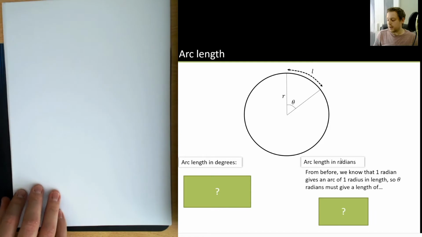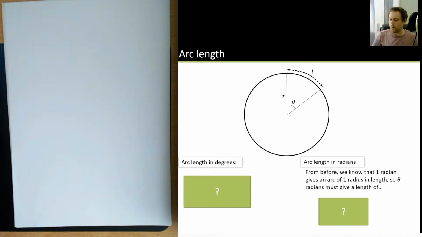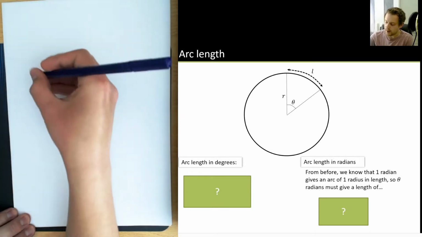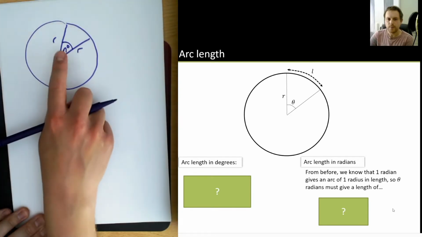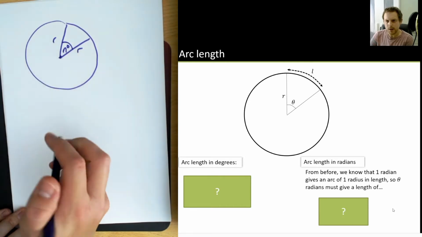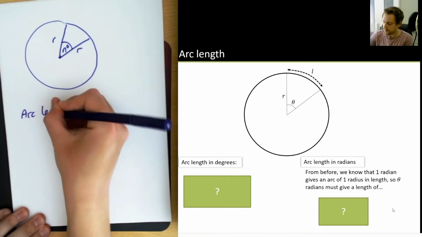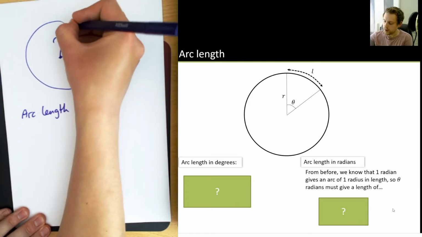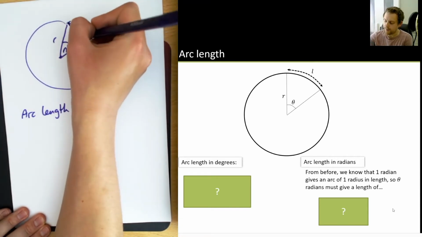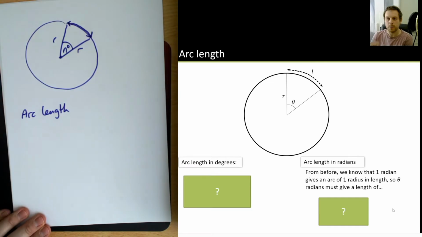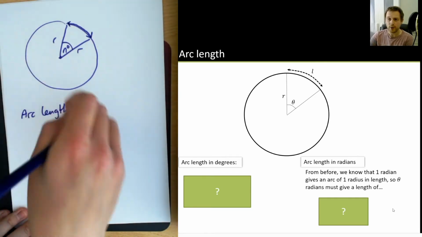Whereabouts else is it used? Well, if you think about the arc length formula and sector area formula from GCSE, if the angle is in degrees, the arc length, just this bit here, is a proportion of the full circumference.